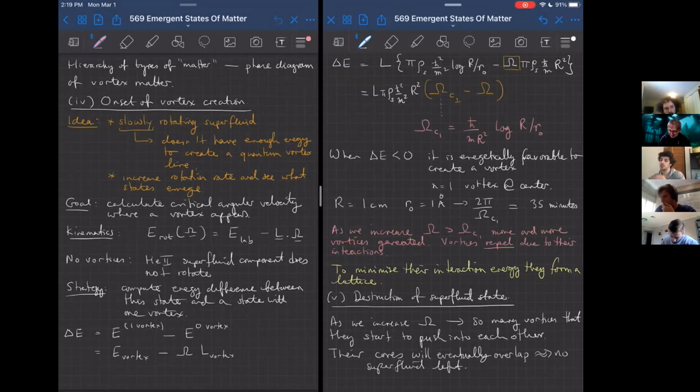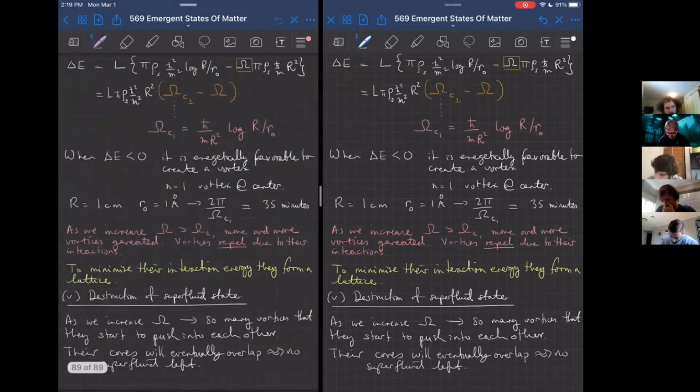And so our question now is what is this critical rotation?